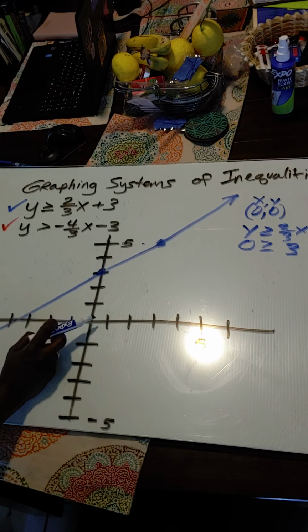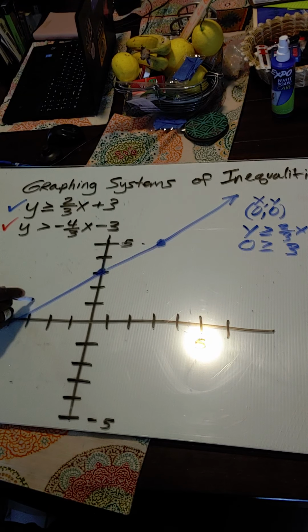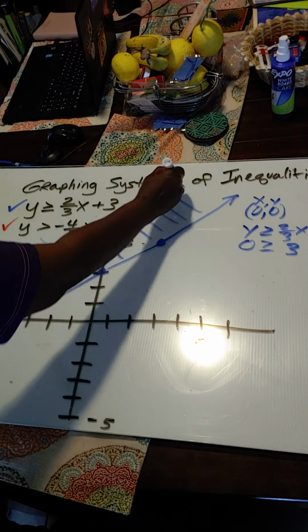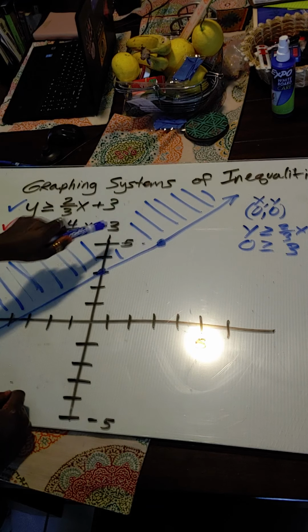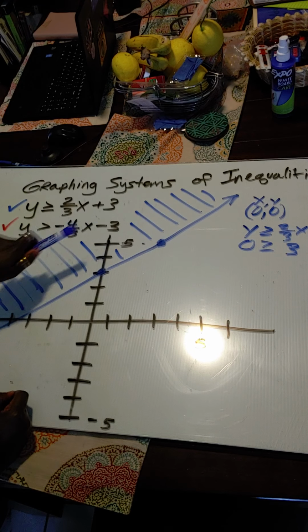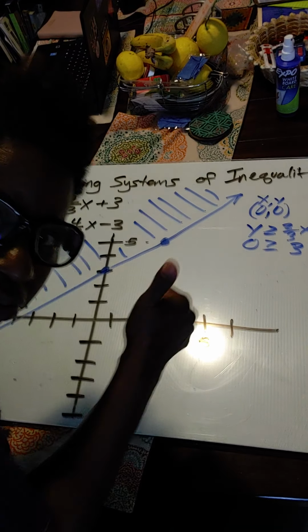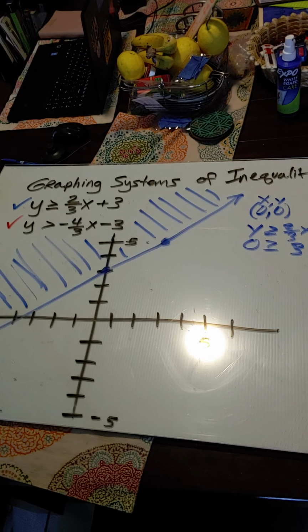And so I need to shade everything above, on the opposite side of my test point, which is this. And so what we have here, everything is true in this blue area for this first inequality. Okay, cool?